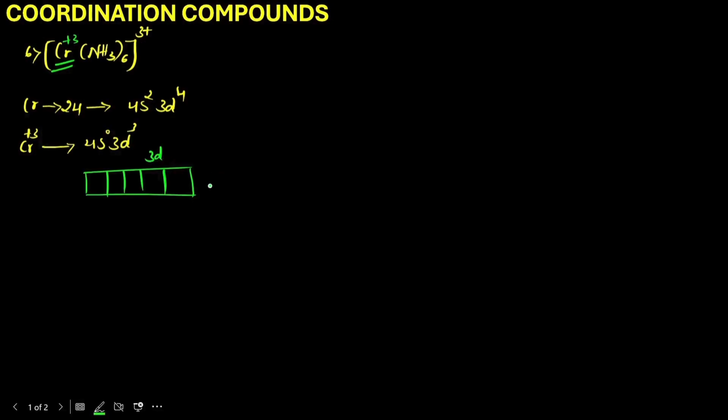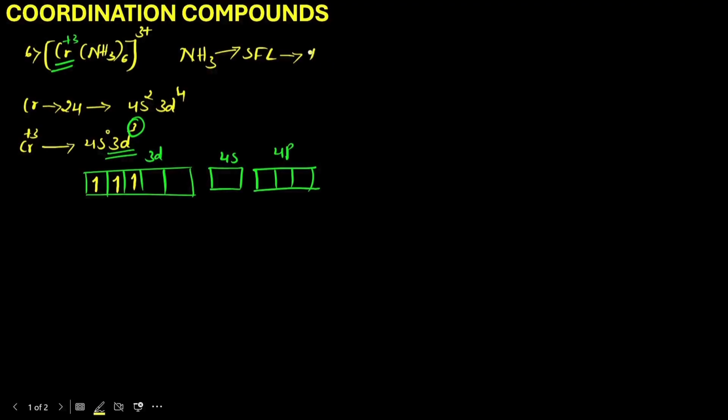These are 3d orbitals, 4s, and 4p. How many electrons are there in 3d? 3 electrons are there: 1, 2, 3. Here we know that NH3 is a strong field ligand, but in this case pairing does not occur.